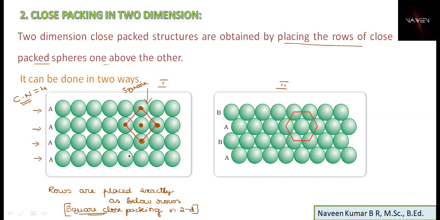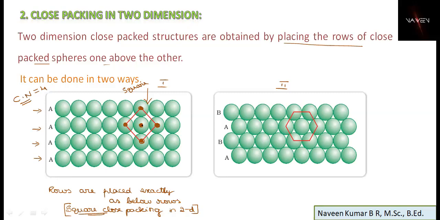Hope it is clear. Now the two-dimensional arrangement is formed by placing the rows one above the other. If the row is placed exactly similar to the below rows, then we are going to see the arrangement like this.